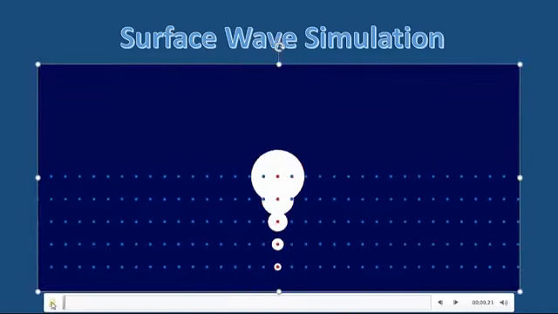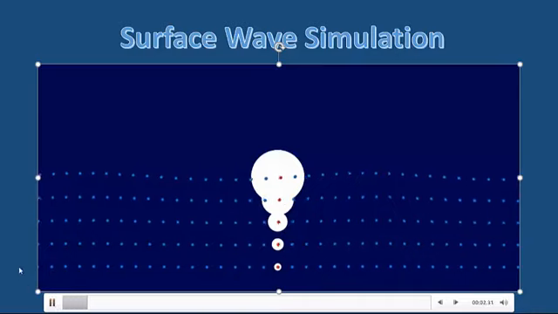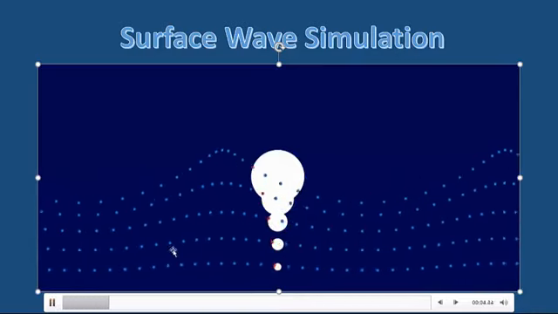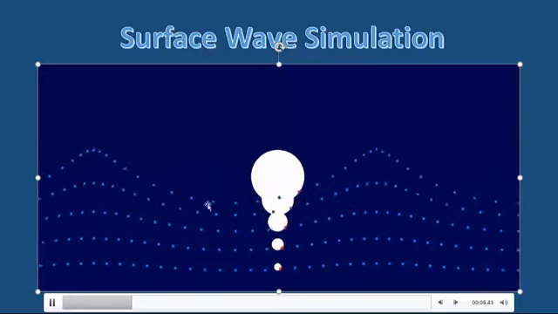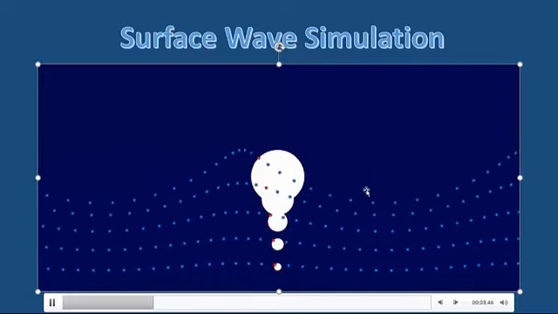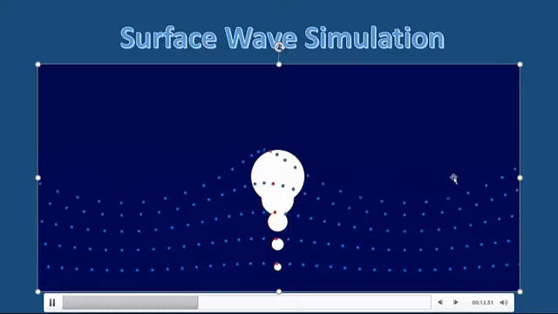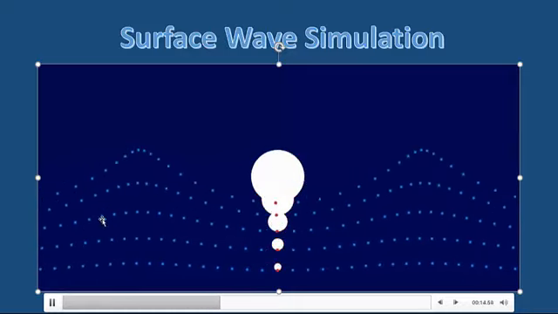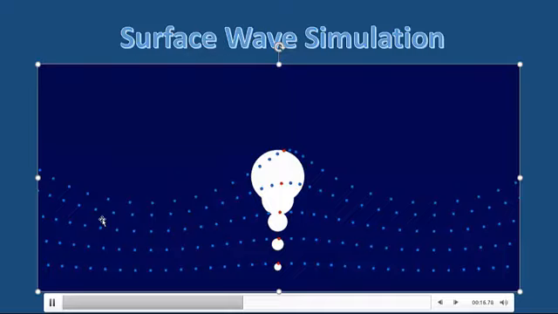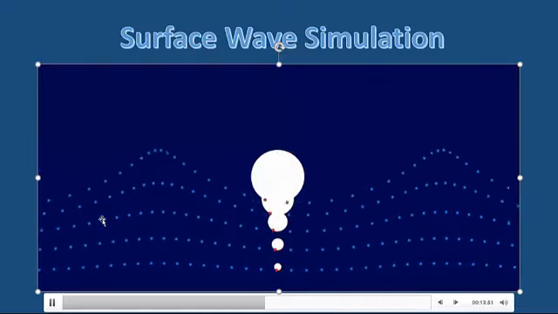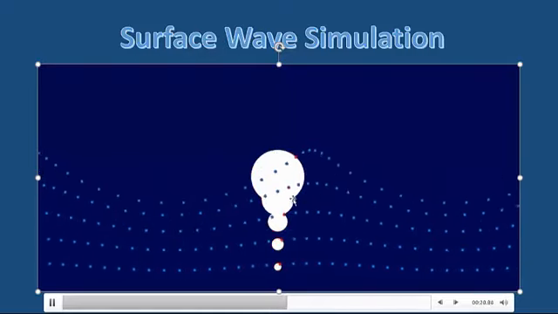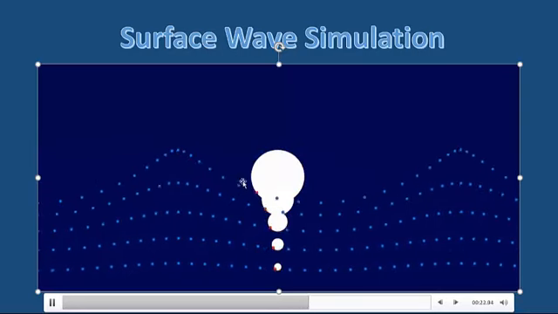Okay, here's one. I did the same animation, only I made the circles bigger, and you can see I've got a higher wave amplitude. This really does look very much like the surface waves that you see on the water that I've been watching all summer at the cabin, and so this is a really good replication of that kind of mechanical wave.